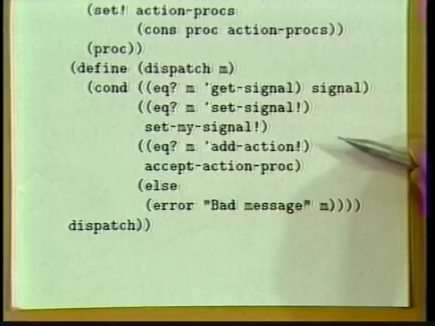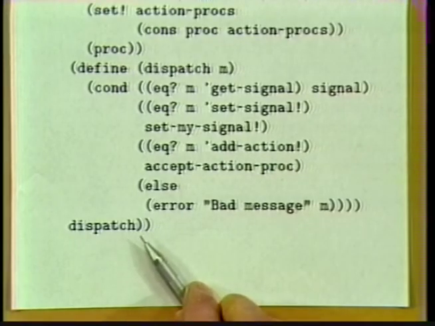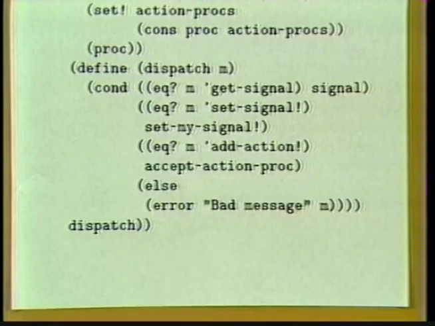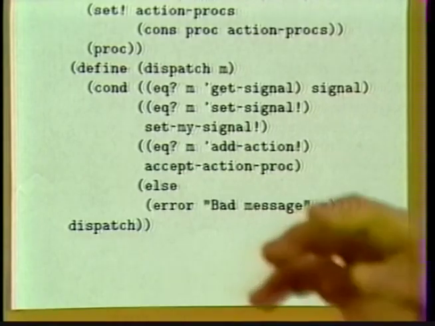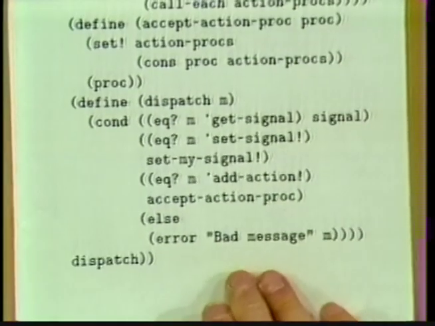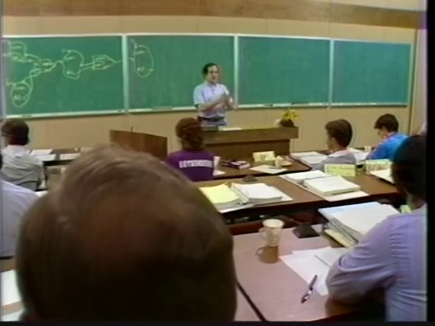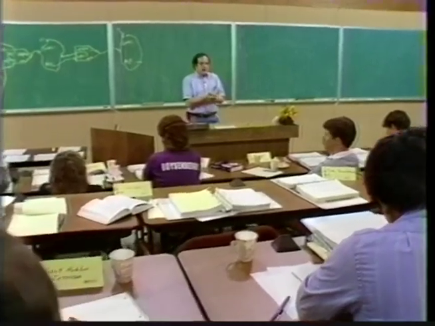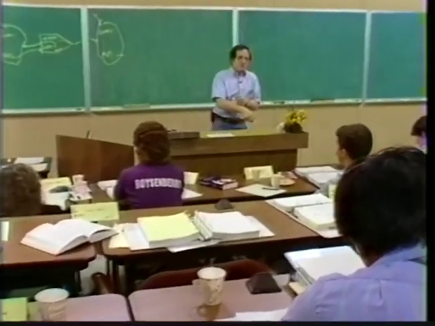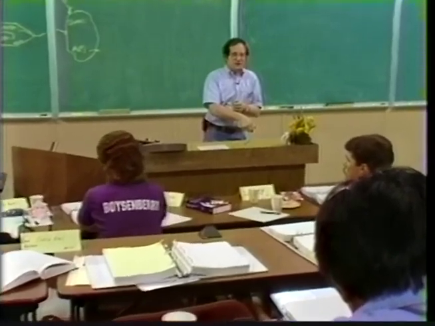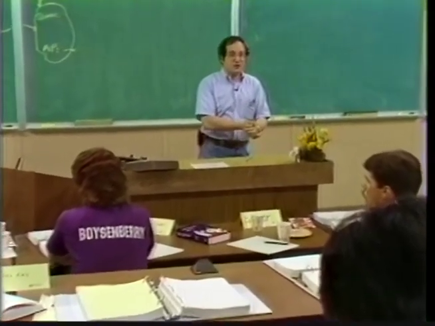And I'm going to return that dispatch, that procedure, as a value. So the wire that I've constructed is a message accepting object which accepts message like what's your method of adding action procedures? It'll give me a procedure, which is the add action procedure, which I can then apply to an action procedure to create another action procedure in the wire.